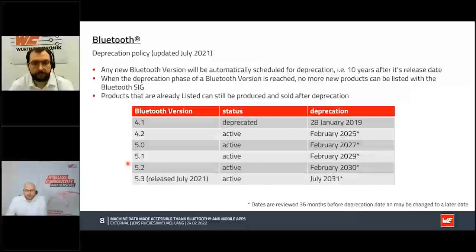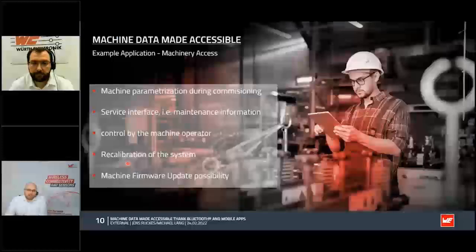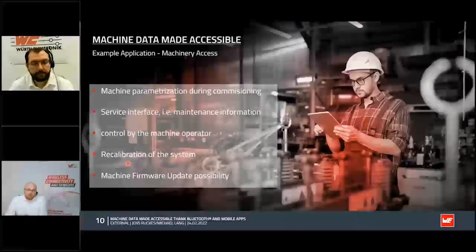And now we want to come to an example application, how to access a machine, and this is very easy with Bluetooth. For example, for the parameterization of a machine, if you build it up and you want to set some figures.